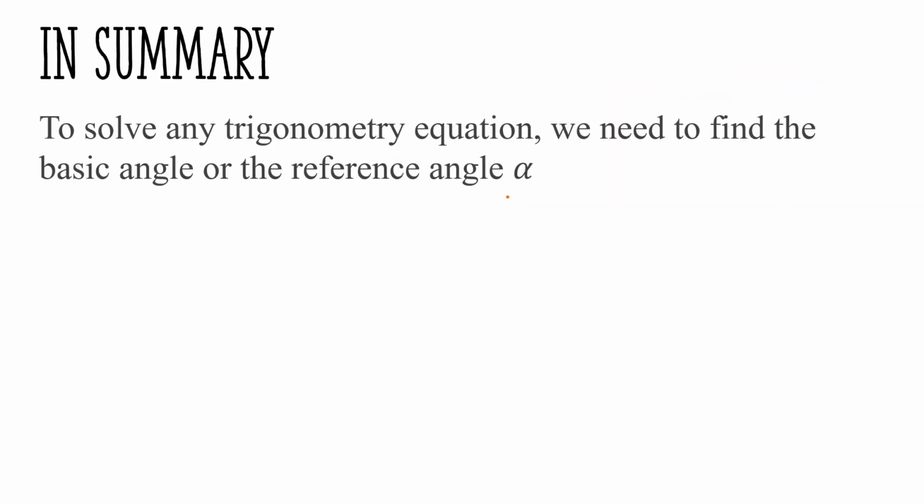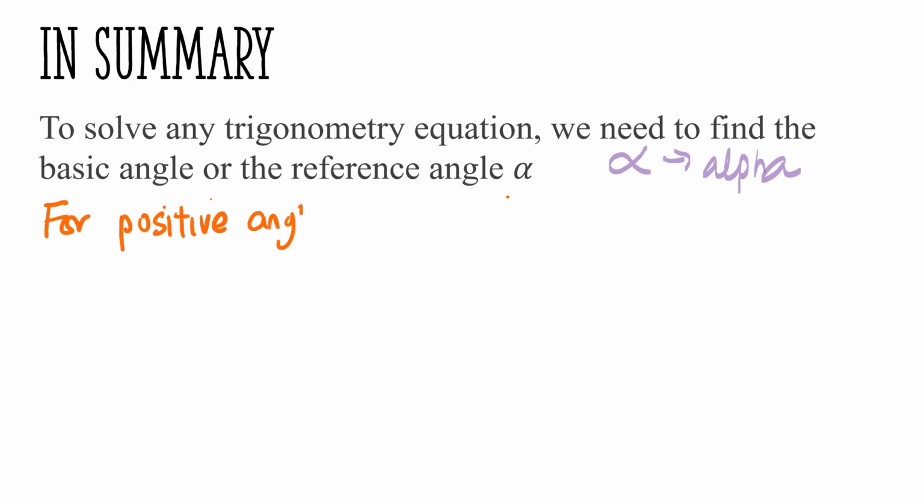So in summary, if you want to solve any trigonometry equation, we need to find the basic angle or the reference angle first. The name of this basic or reference angle is alpha. What are the steps involved?